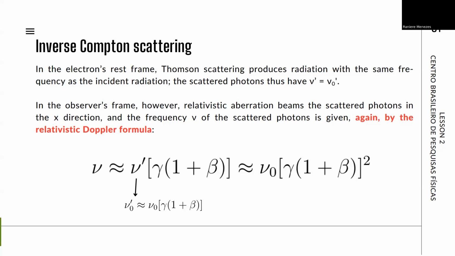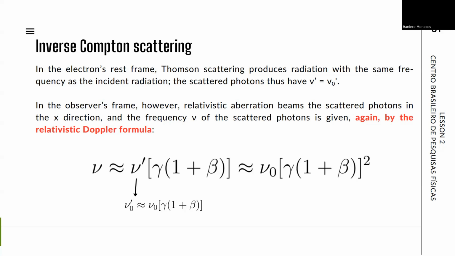So in the observer's frame, we will see the radiation that was scattered in the electron's frame, boosted by this factor here. However, the radiation that the electron saw was already boosted. So it was like this.